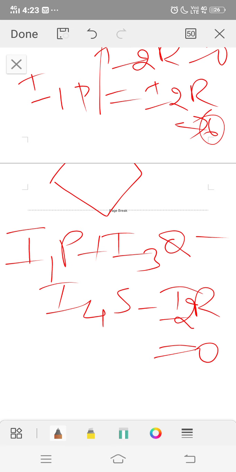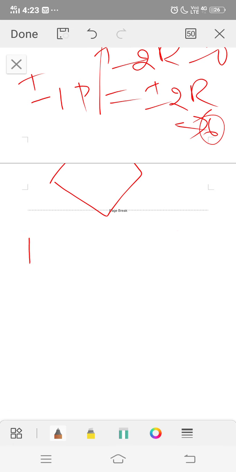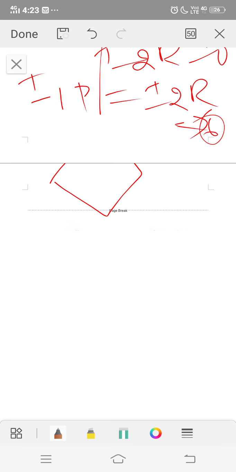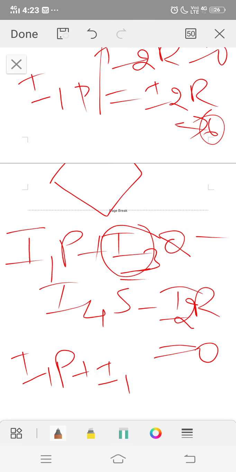Those equations we are substituting here. So instead of I3 I am going to substitute I1. Okay, so this equation reduces: I1P is already there, instead of I3 I just substitute I1 again, so plus I1Q is equal to, here minus I4S.